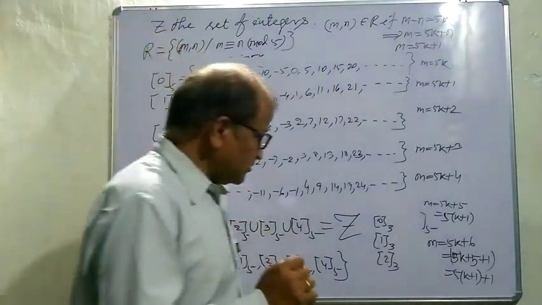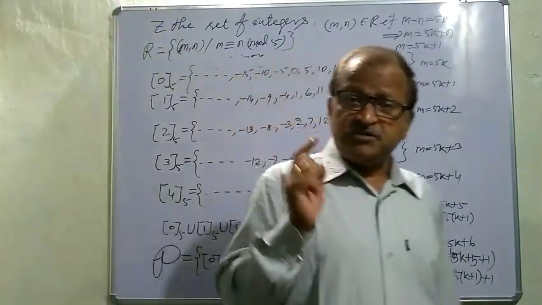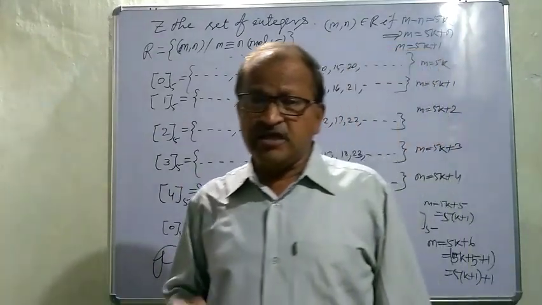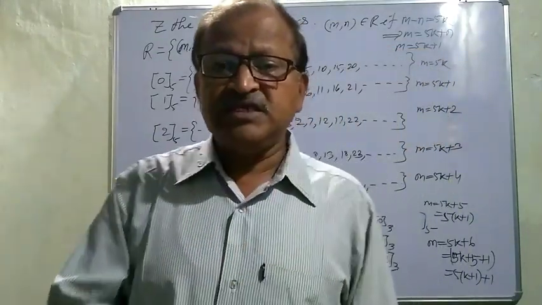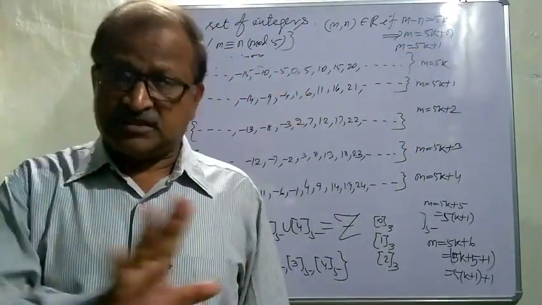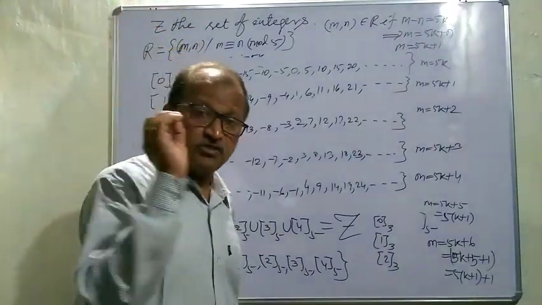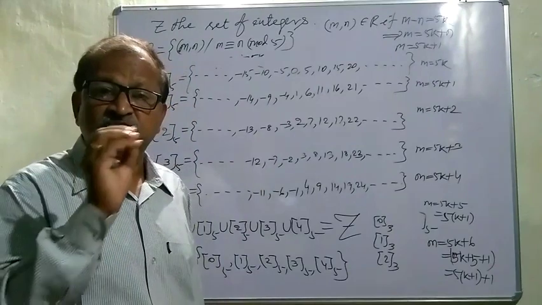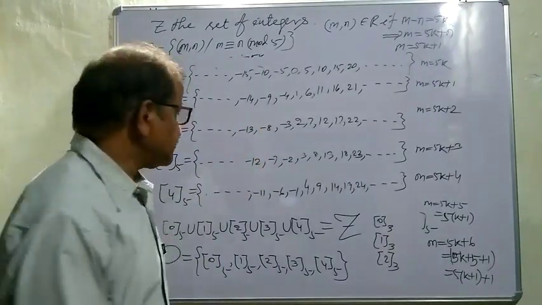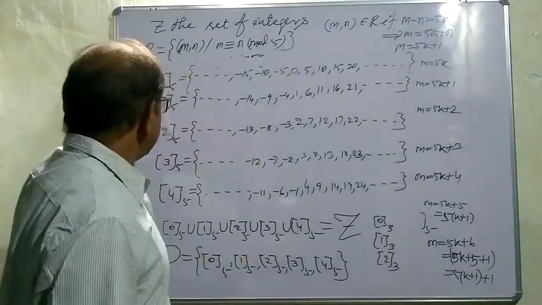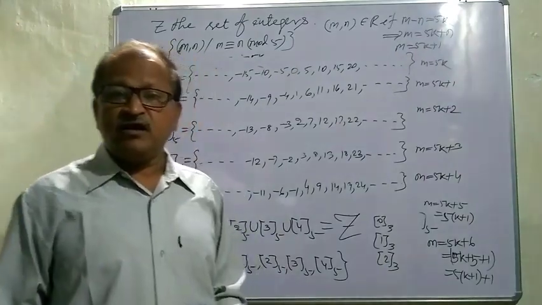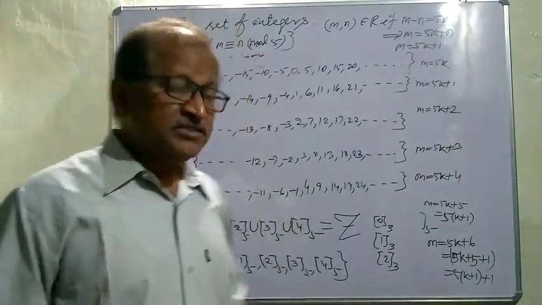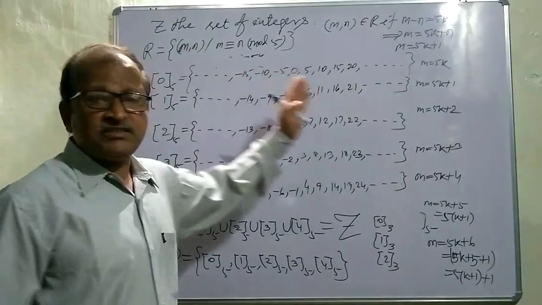They are the equivalence class 0, 1, 2, 3, 4, 5, 6, and 6, not 7, because the equivalence class of 7 will be equal to the equivalence class of 0. Right? This is the way we can find the partition of a set from the equivalence relation.